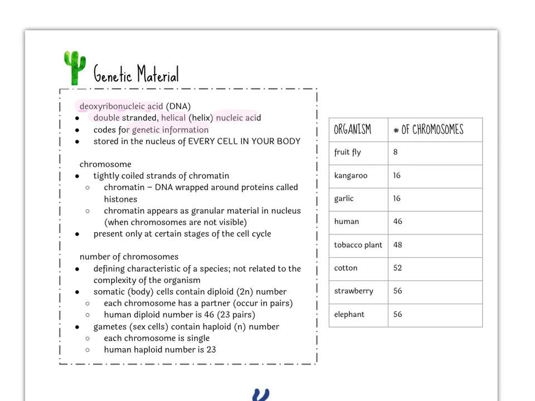And the genetic material, or our DNA, is stored in the nucleus of every cell in your body. I put that in all caps because it is such a crazy important fact. So it's located in every cell in your body.